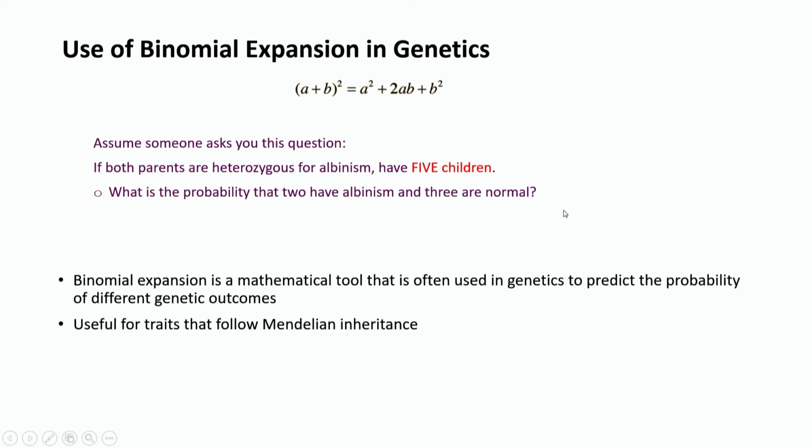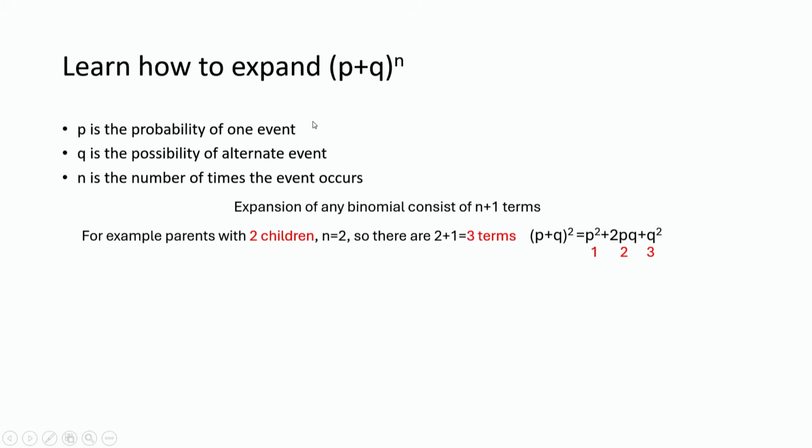So out of 5, 2 should have albinism and 3 should be normal, right? Binomial is a mathematical tool that is often used in genetics to predict the probability of different genetic outcomes, and usually we apply it for those traits that are inherited in a Mendelian way. It may take another 3 or 4 minutes for you to understand how we are going to expand this binomial.